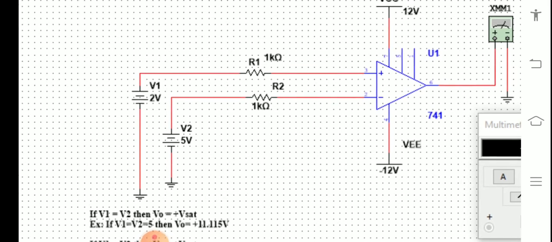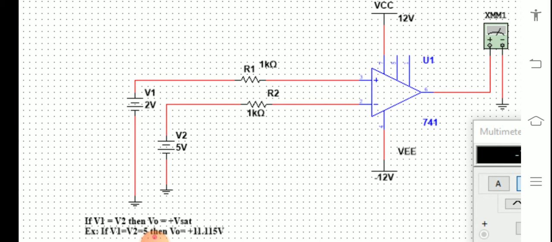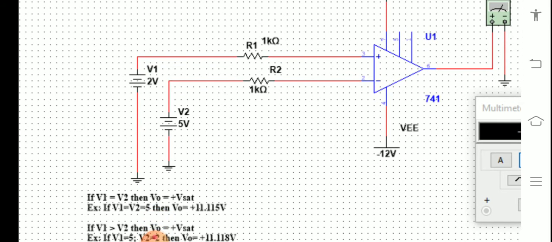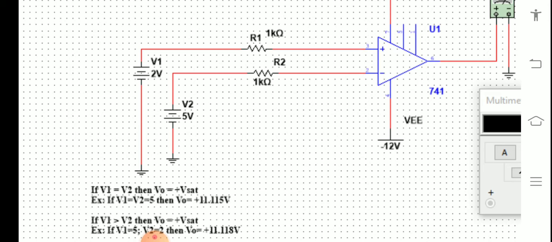Here the V saturation value is 11.115, which is approximately equal to your VCC. So when the inputs of both terminals are equal, the output of your op-amp will be equal to your V saturation value.